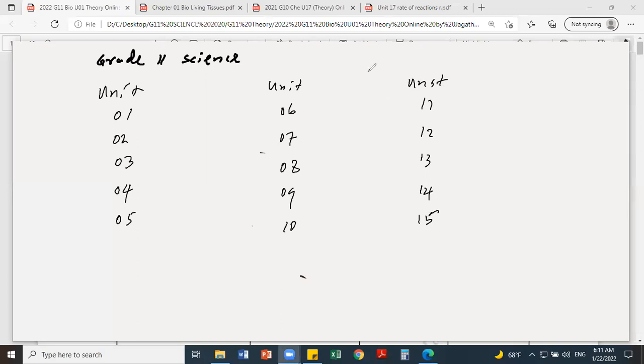So this is your first term, and I'll classify the second and third terms this way also. Everyone should copy this down and maintain it for grade 11. You can continue with the same textbook that we used for grade 10 for this biology.